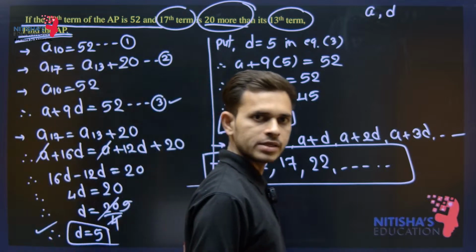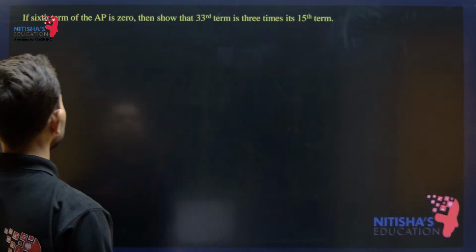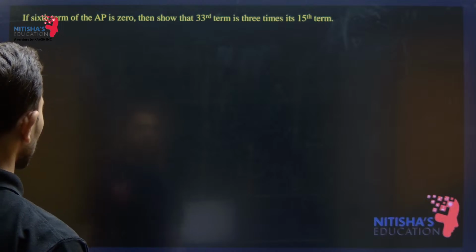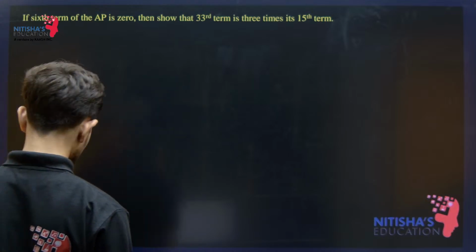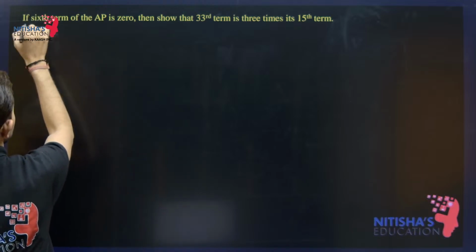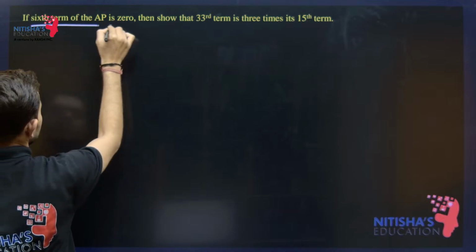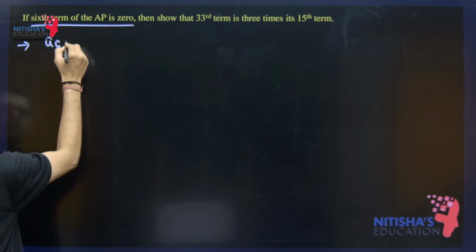Okay, next question. If the 6th term of the AP is 0, then show that the 33rd term is 3 times its 15th term. So here they are saying that if the 6th term of the AP is 0, it means A6 is equal to 0.